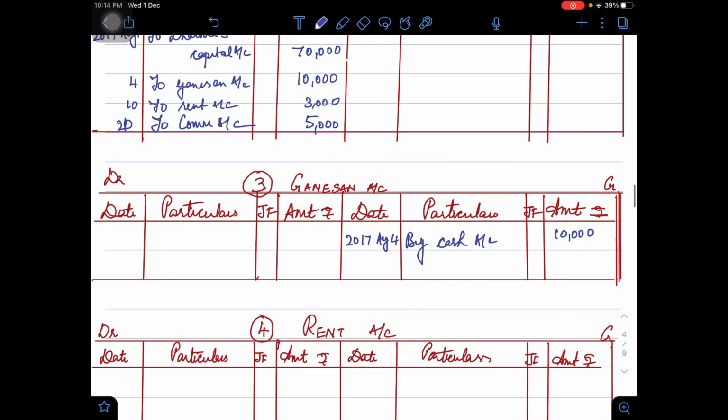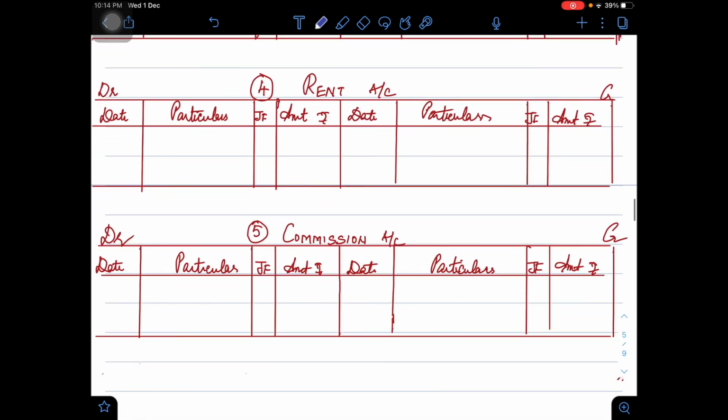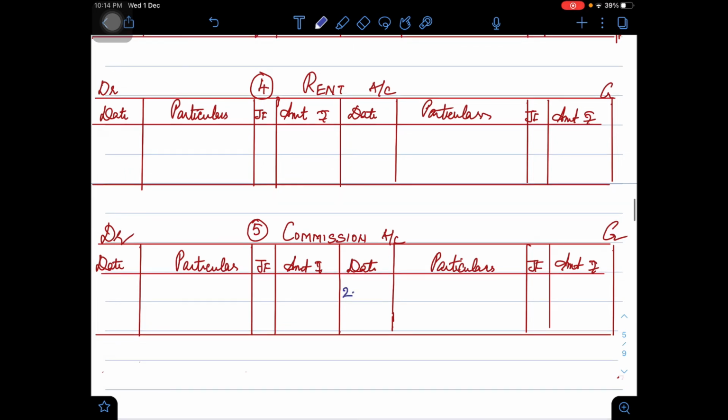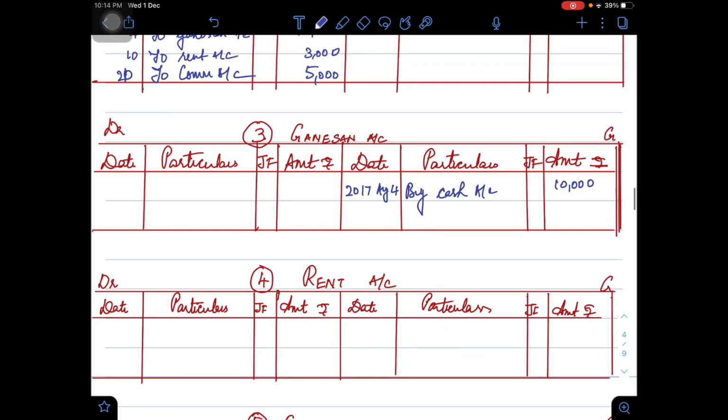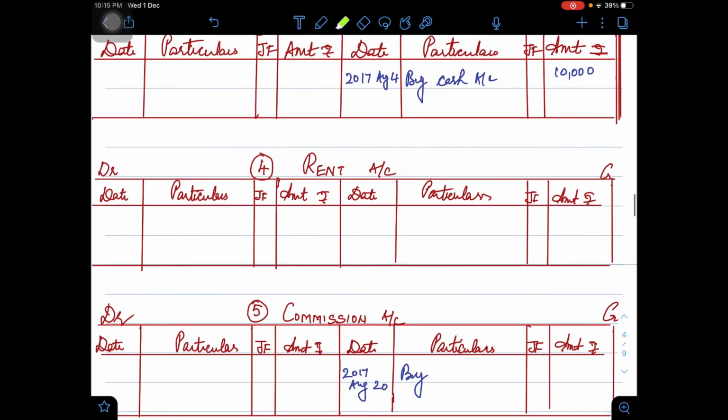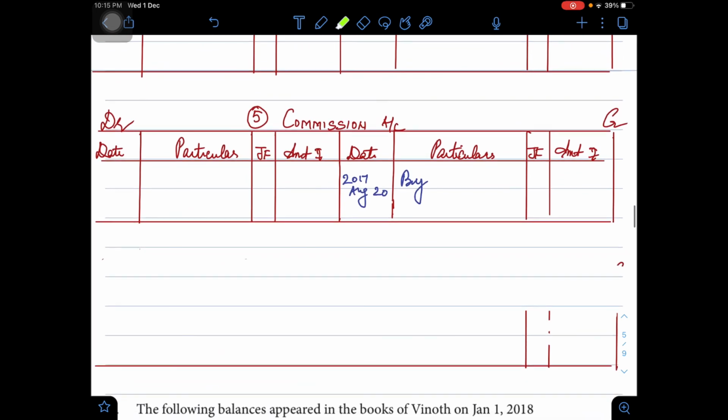Next, in commission account it will be credited. So write the date 2017 August 20 by, because in cash what did we show? In cash I have shown to commission. So in commission account what must I show?